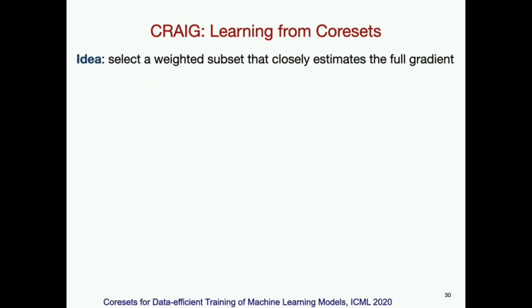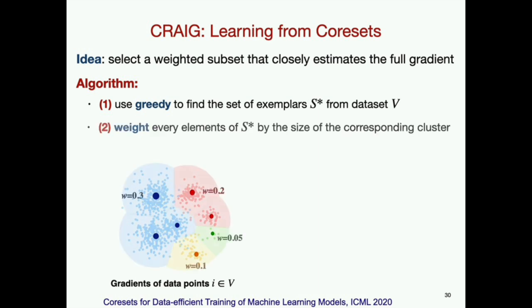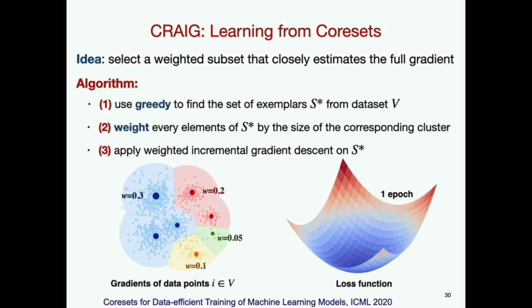Okay, so let's quickly look at some experiments. Let's first look at training convex functions. Summarizing the algorithm first, sorry. We use the greedy algorithm to find all the centers of the gradient space, where gradients are approximate gradients. Then we weight every center by the size of its cluster, and we do our favorite gradient method on the weighted cluster centers of the approximate gradients.